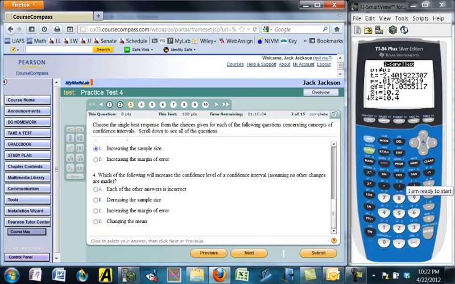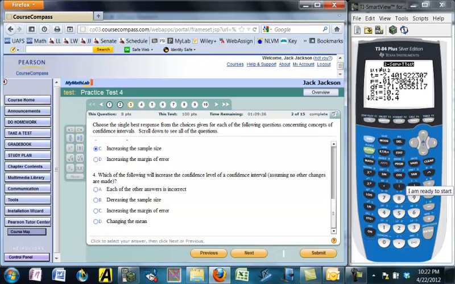All right, down here, what are we keeping fixed? We're changing the confidence level. So when we're changing the mean, what does that do? Well, that moves the interval around, but it doesn't do anything about the width of the interval. And it doesn't really have anything to do with the confidence level at all. Increasing the margin of error means that we're increasing the width of the interval.